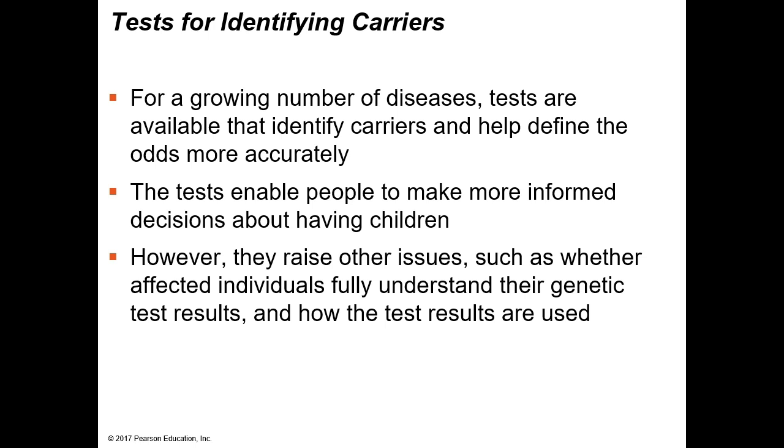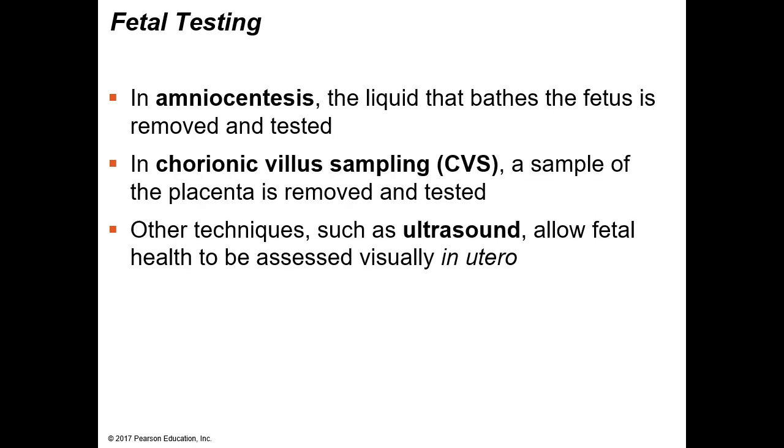For a growing number of diseases, tests are available that identify carriers and help define the odds more accurately. The tests enable people to make more informed decisions about having children. However, they raise other issues, such as whether affected individuals fully understand their genetic test results and how the test results are used.